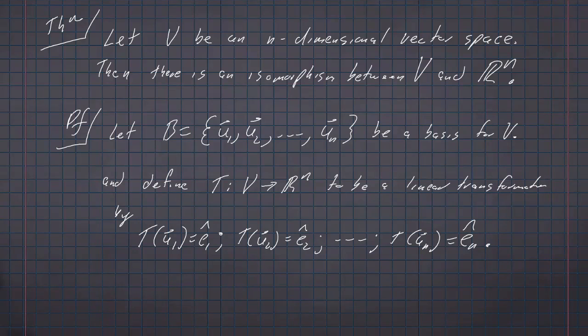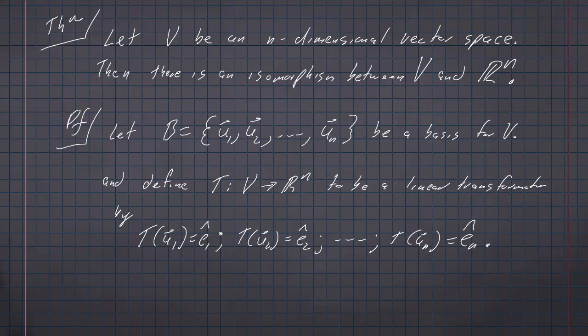We'll call them u1 through to un. And a linear transformation is fully defined by its action on a basis. So in order to define a linear transformation from V to Rn, we can simply pick ways of evaluating our transformation on each of these basis vectors.